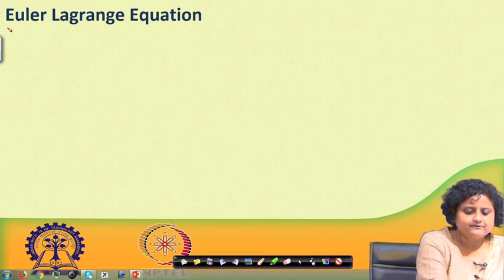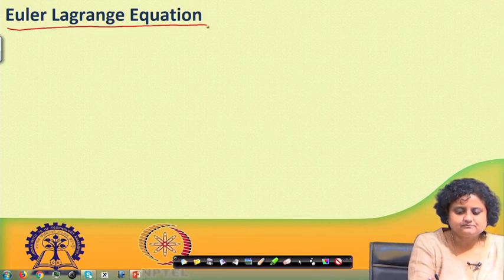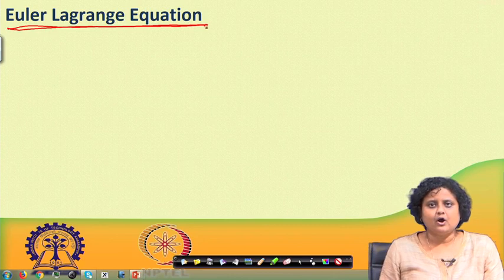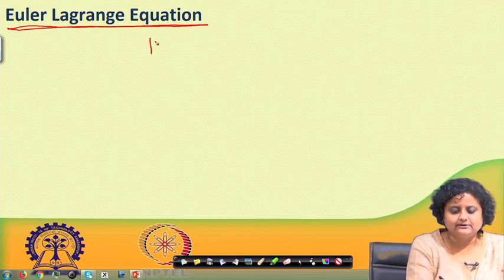This is a famous equation in the name of the scientists Euler and Lagrange. This equation is derived from a principle called Hamilton's principle.